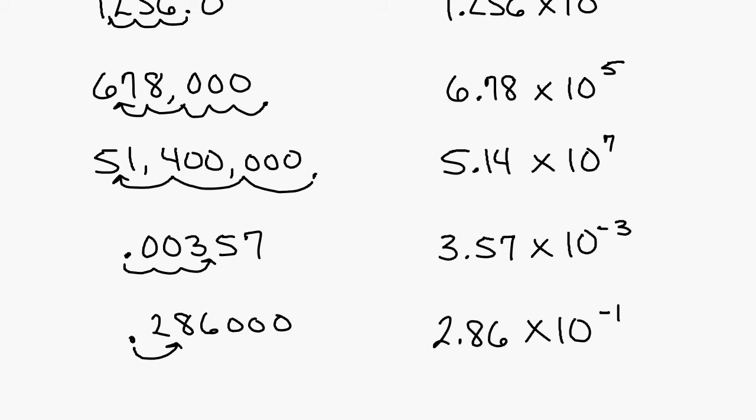Alright, so that's given a number in standard notation and writing it in scientific notation. The second part of the assignment is going to be getting a number that's in scientific notation and writing it in standard notation.